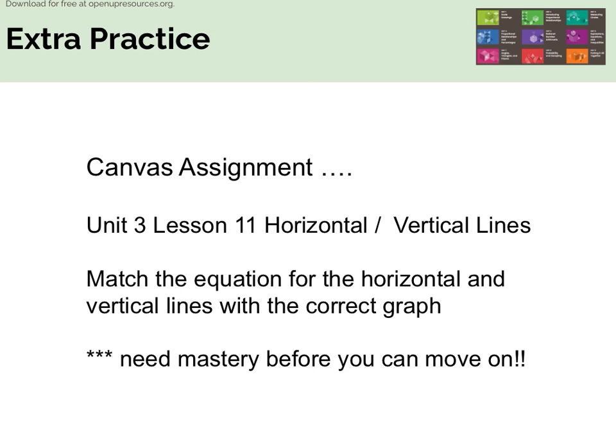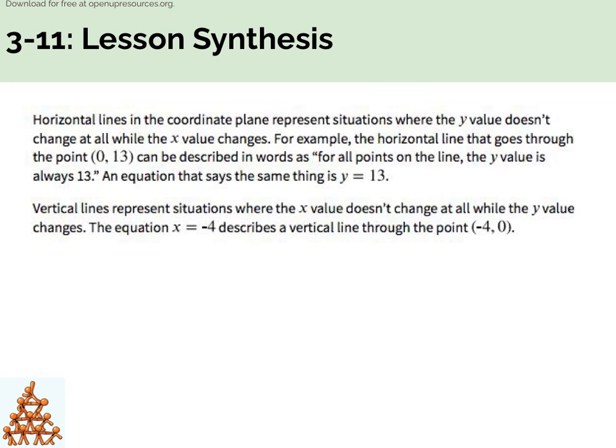You need to do this one first, and you also need to get mastery, so that's 80% or higher before you can move on. You're matching the equation for the horizontal and vertical lines to the correct graph. So do this first, and then come back to us.